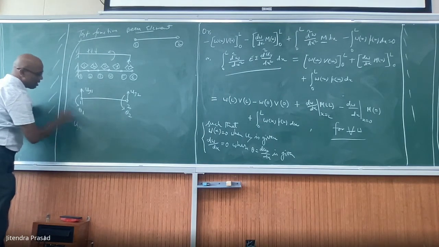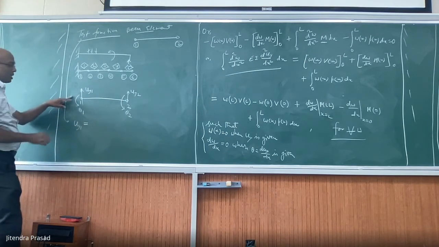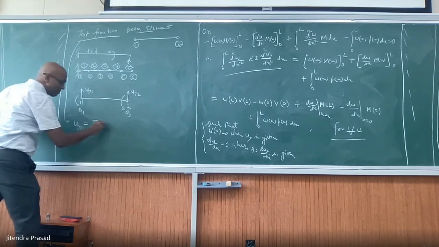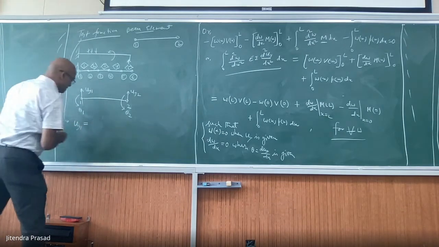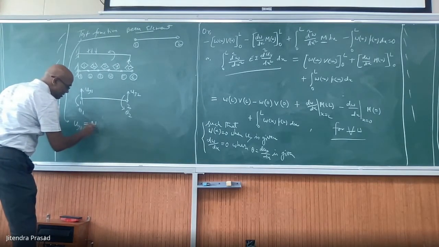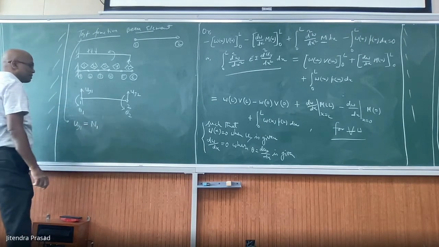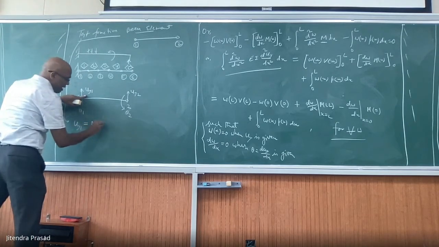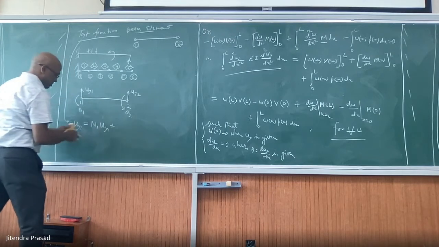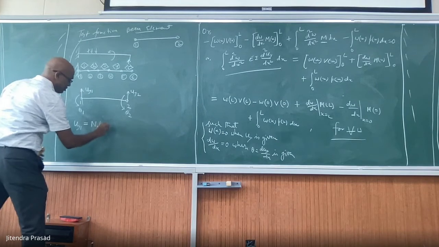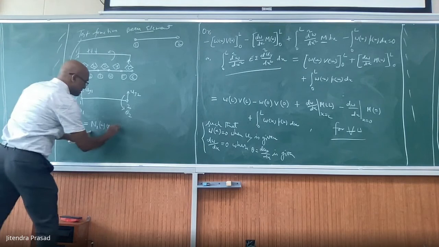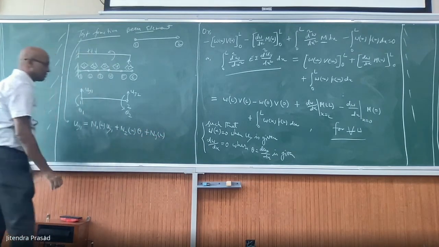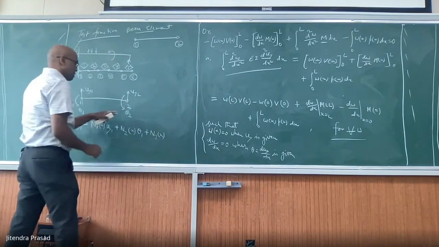Test function uy is equal to, how will we write it? We write n1 times uy1, so this n1 is a function of x, plus n2(x) times theta 1 plus n3(x) times uy2 plus n4(x) times theta 2.